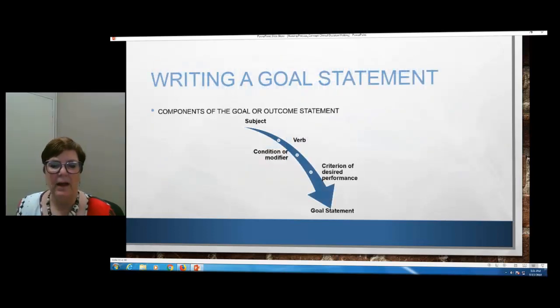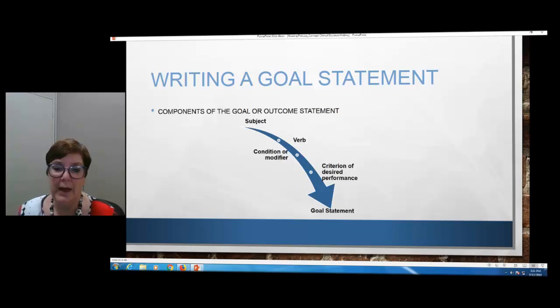Let me go back. The subject, I think we did the example, the patient will increase fluids to 2,500 milliliters in the next 24 hours. So we said the subject, that's the patient. The verb, they're going to increase their fluids.